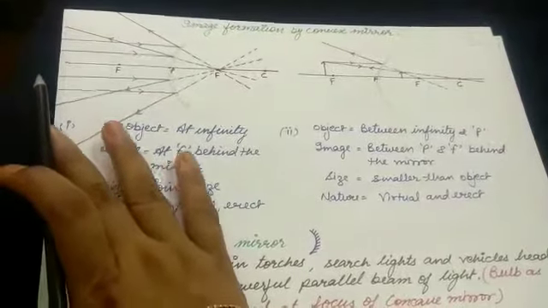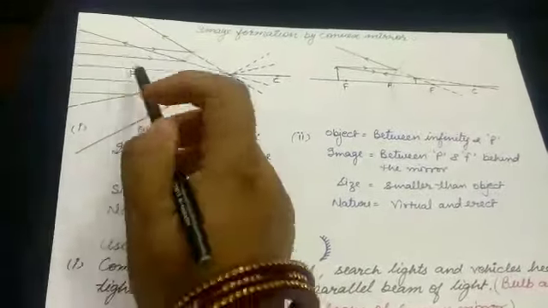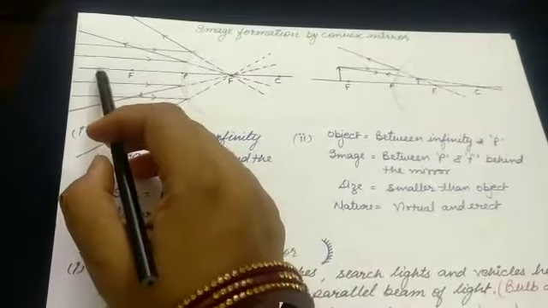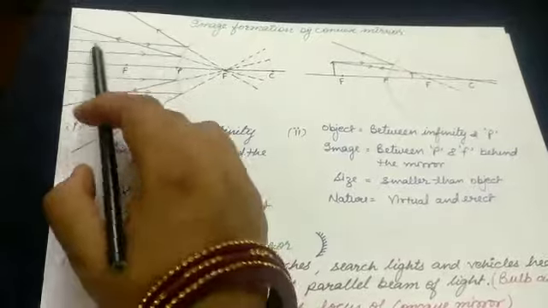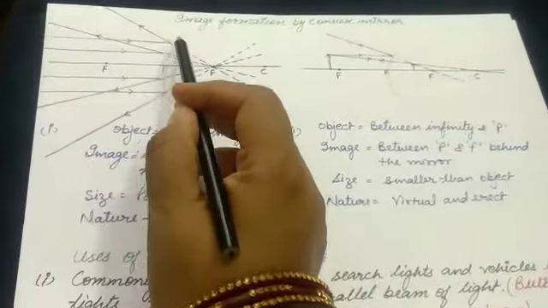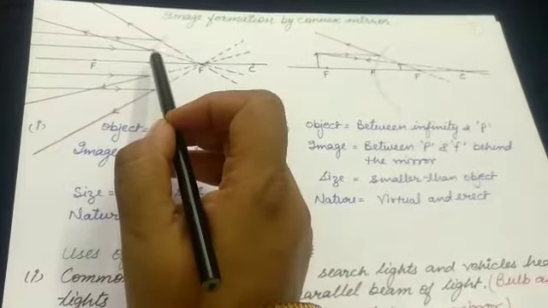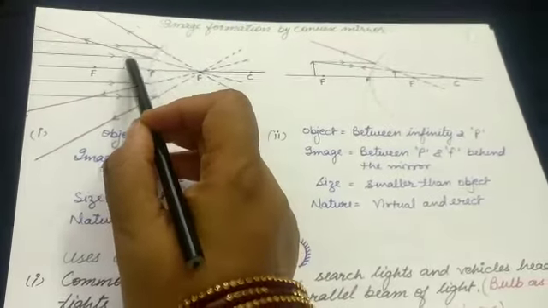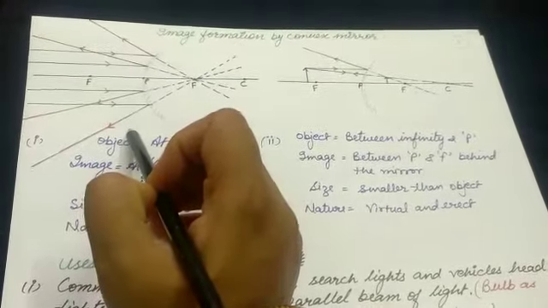And I have told you that when the object is at infinity, all the light rays coming from it are parallel to the principal axis. So here I have shown that thing again, that this is the principal axis and all these green lines which are shown over here are the incident rays. And after striking the convex mirror, as it has a tendency to diverge the light rays, see the red light rays which are the reflected rays are diverging.